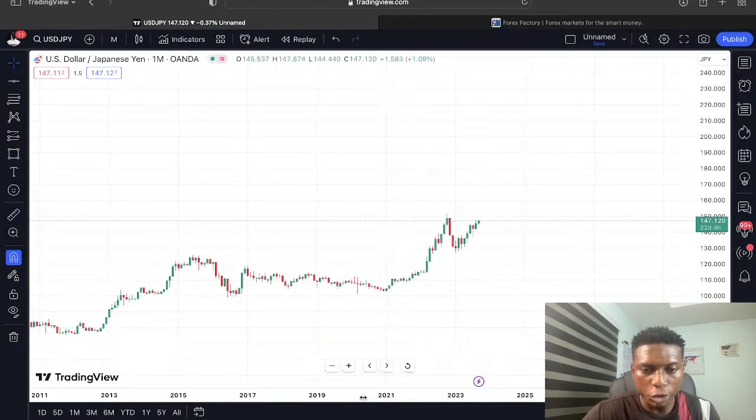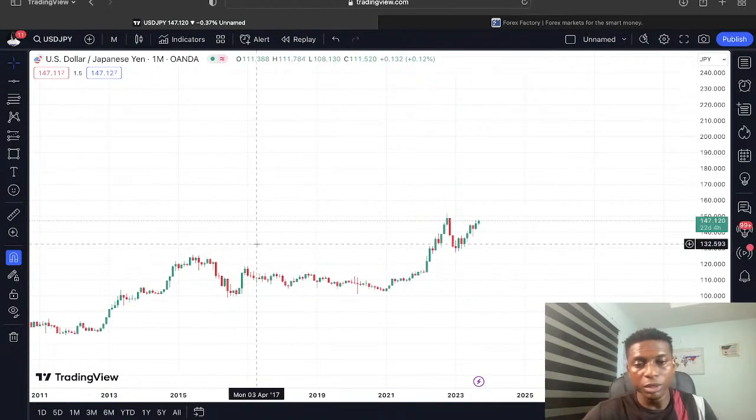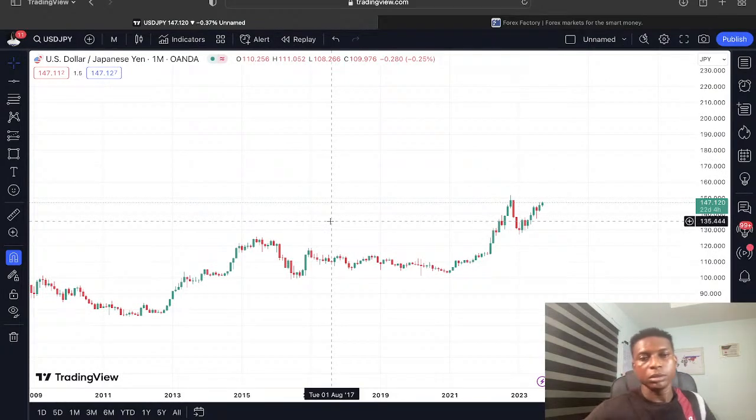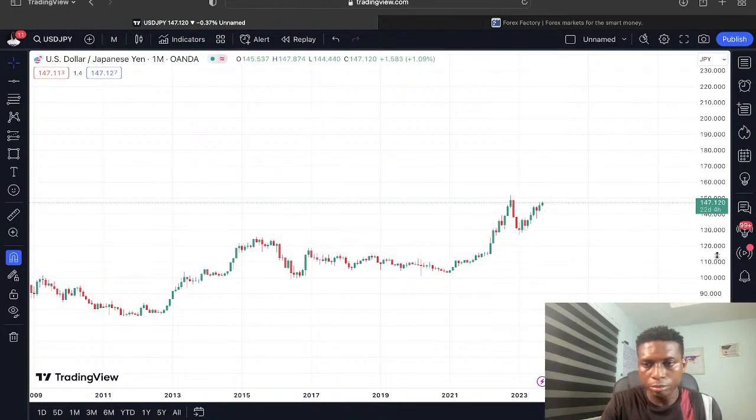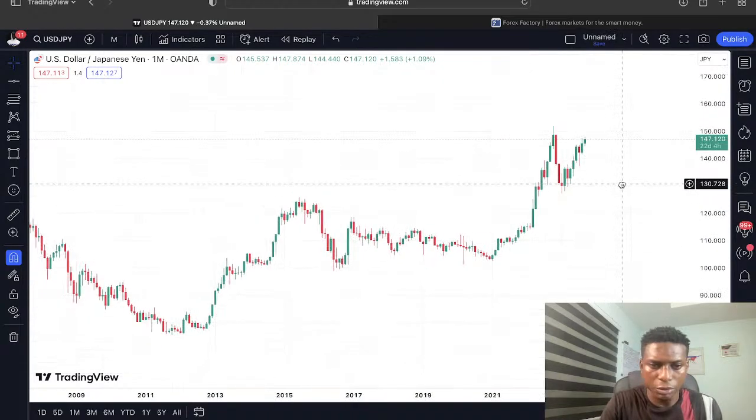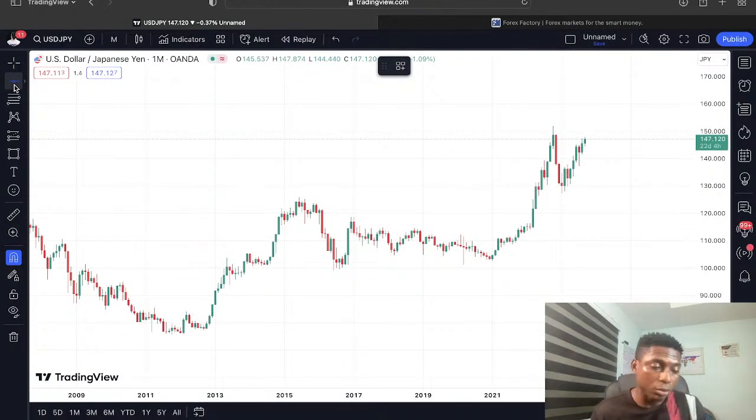So from the top to bottom approach, we definitely can see that the USD/JPY has been in somewhat of an upward trend. If you look at it now, we can definitely see that there are some levels of support and resistance, levels of breakouts that we can actually learn from, and see how price is moving.